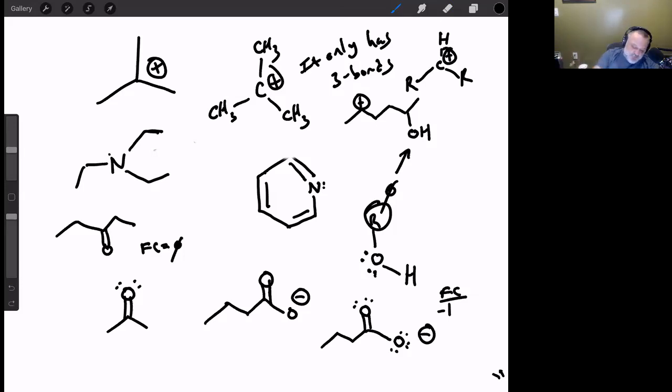Well, if it's got 3 bonds and it's neutral, it must have a lone pair there. Well, what if it doesn't have 3 bonds? What if it has a double bond to one of these things? Then what must the formal charge be?